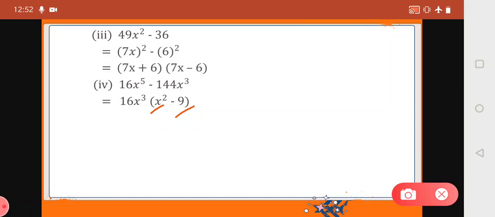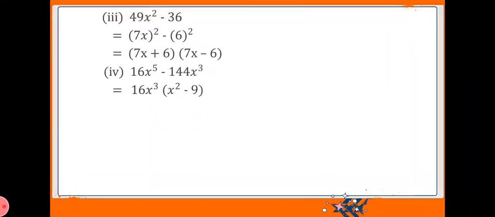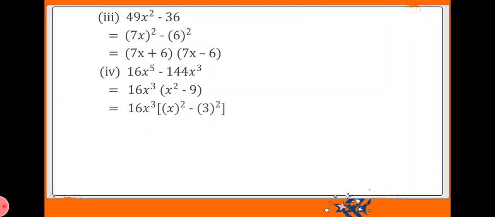So we get 16x cube into x square minus 9. Again you can see x square is the perfect square of x and 9 is the perfect square of 3. So we'll write 16x cube into x whole square minus 3 whole square. That is equal to 16x cube into x plus 3 into x minus 3.